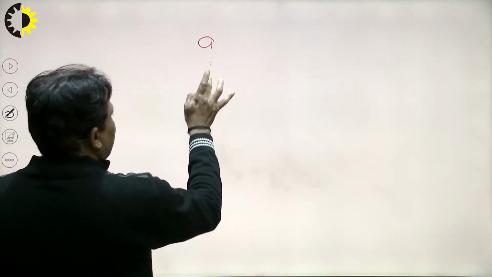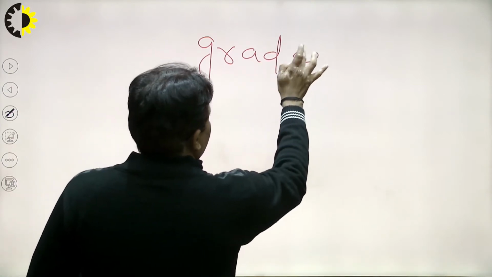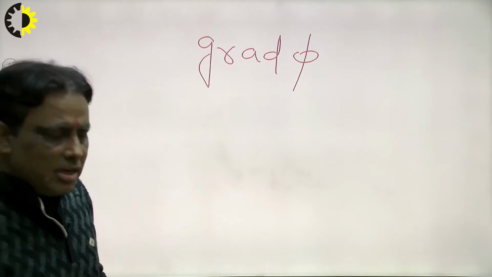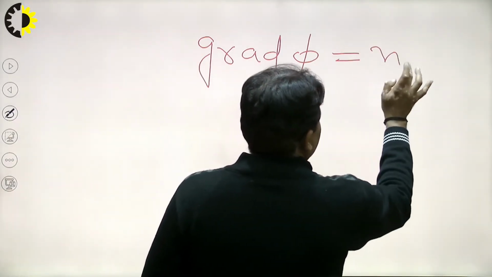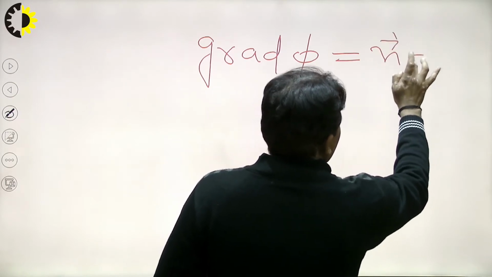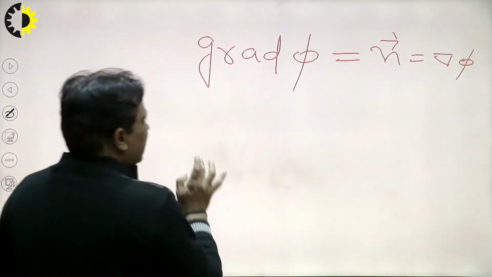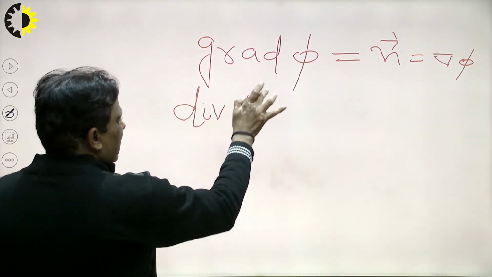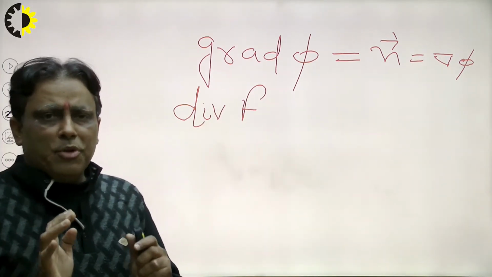What are these? First is grad. I explain again, grad phi. Grad is always calculated for a scalar point function and its result will be in vector form, and that is equal to del phi. After this, the divergence, denoted by div F, means divergence is calculated only for a vector point function.